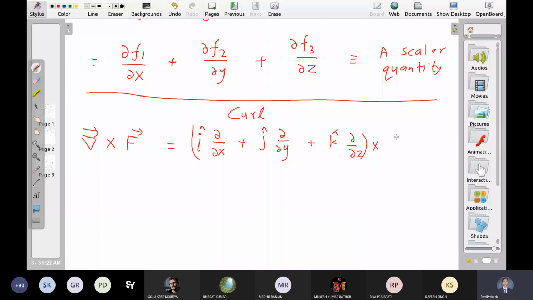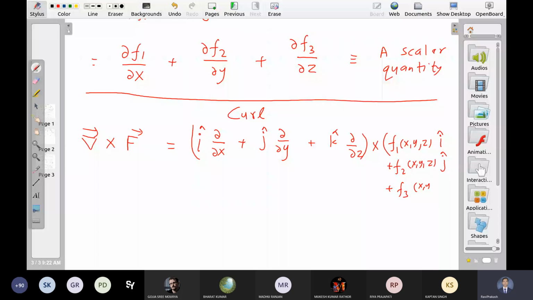So f1 is a function of x, y, z, i cap, and you know how to take cross product.